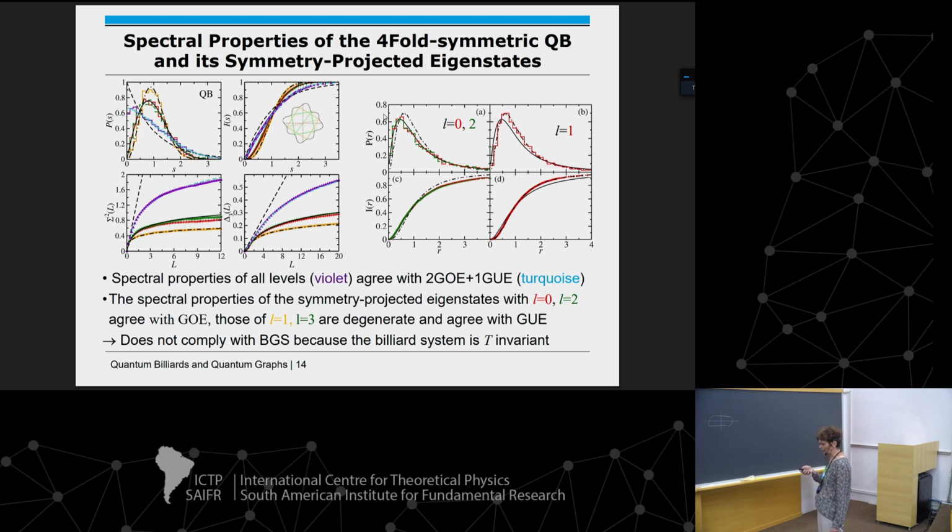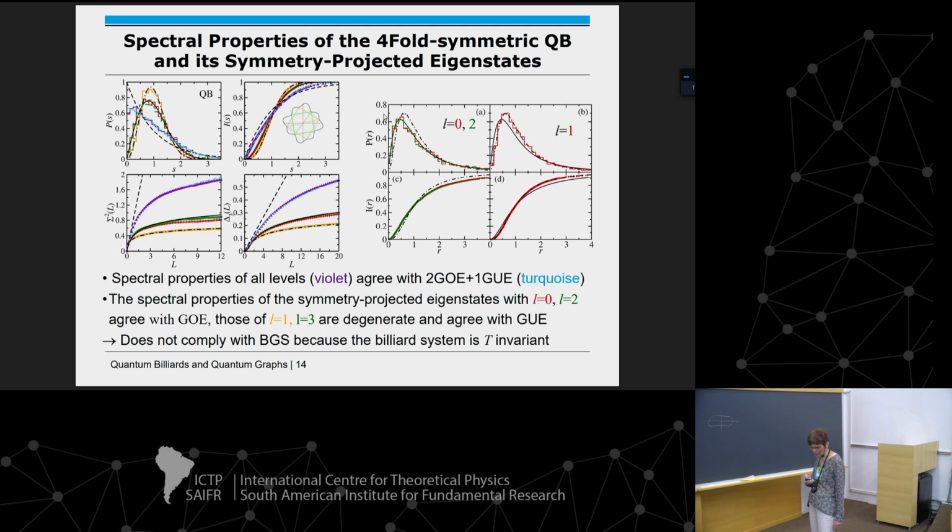But this has another consequence. It was detected at the end of 1996. Leyvraz analyzed spectral properties of a system with threefold symmetry, and he realized that when you separate by symmetry, you get 1 GOE and 1 GUE. This is in contradiction to Bohigas, Giannoni, and Schmidt, who predict that a time reversal invariant system should give GOE.